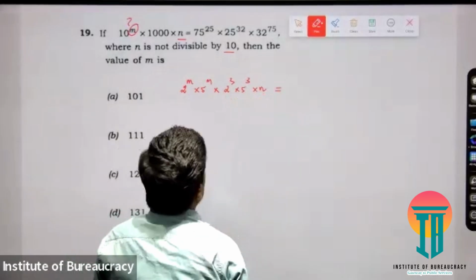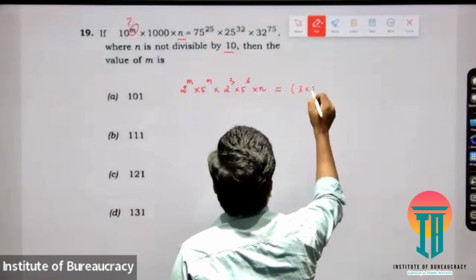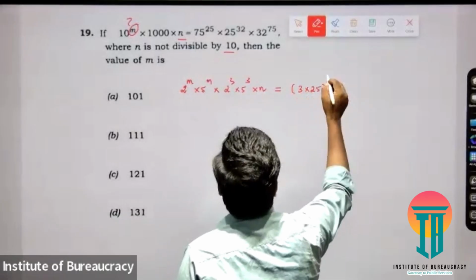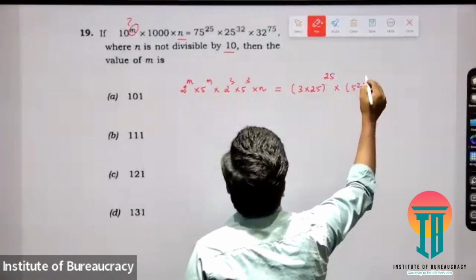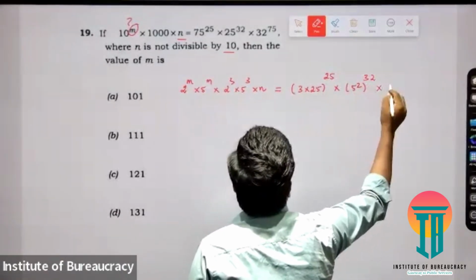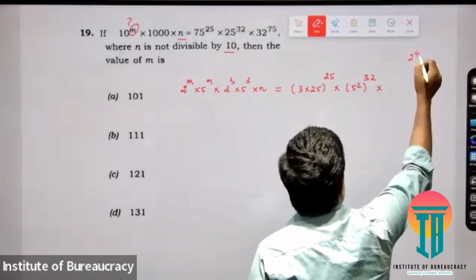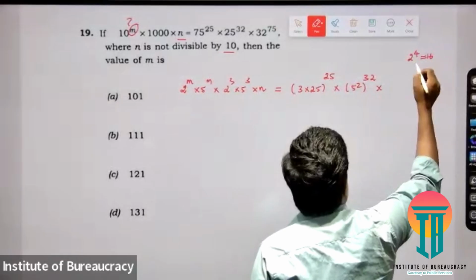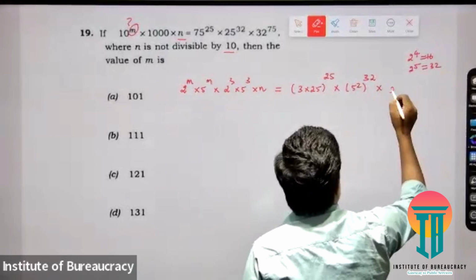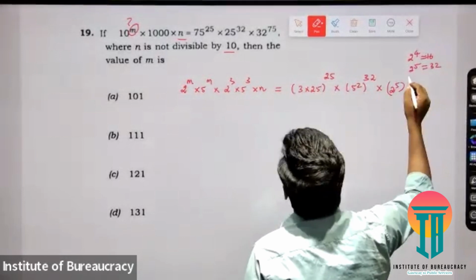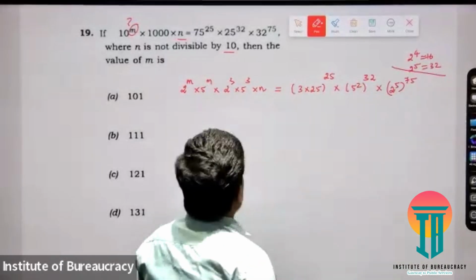This is equal to 75, you can write as 3 into 25 power 25, into 5 square power 32. 32 means 2 power 5. So it is 2 power 5 power 75. So that's what we have.